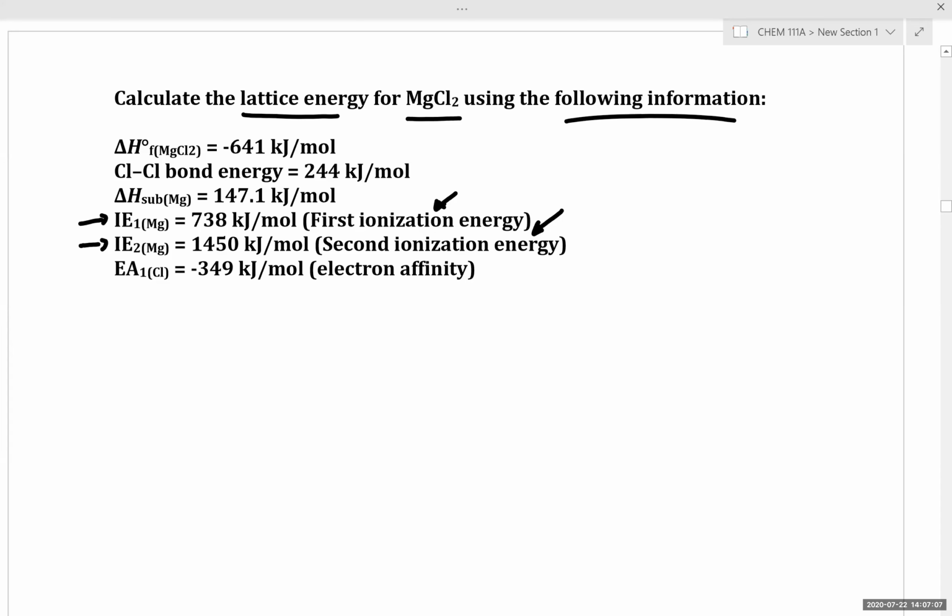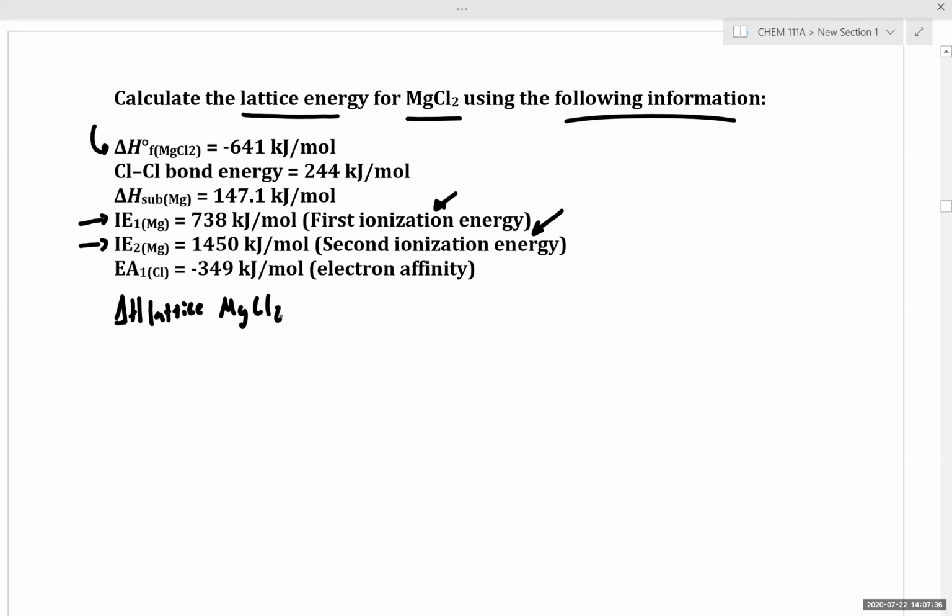So write out your equations, set up your enthalpy of formation calculation. You're given the enthalpy of formation, and your goal, given the enthalpy of formation and all of these other reaction enthalpies, is to calculate the lattice enthalpy for magnesium chloride.